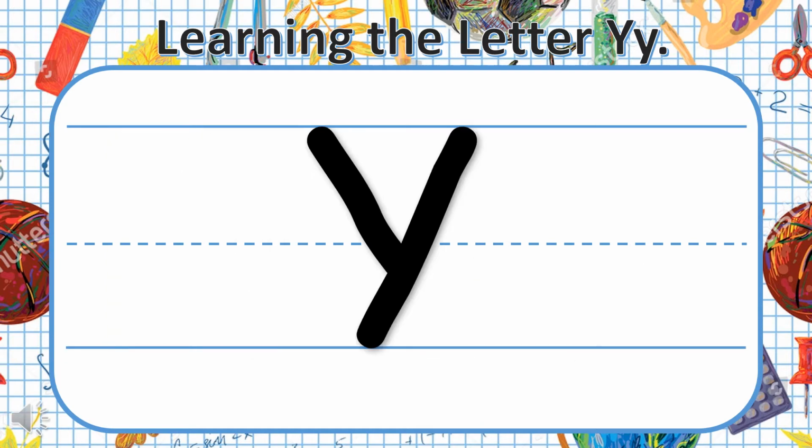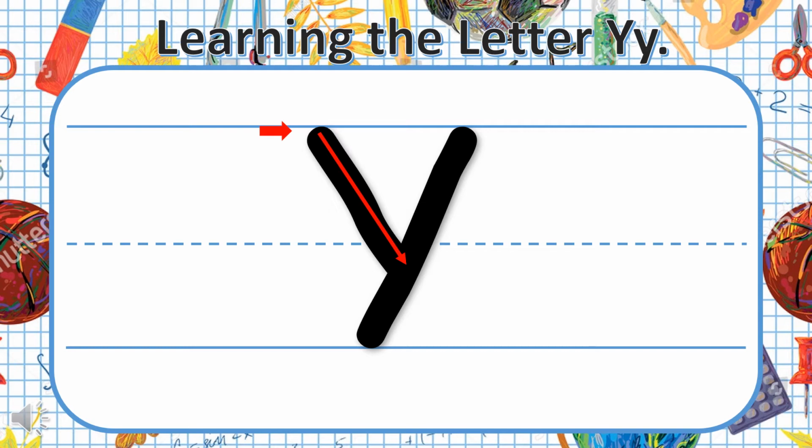Let's start with the uppercase Y. And we're going to start with our pencils on the top line. Can you see the red arrow? Okay, from there we're going to draw a diagonal line to the middle line. And then you're going to stop. Almost like you're doing the letter X, but not yet.